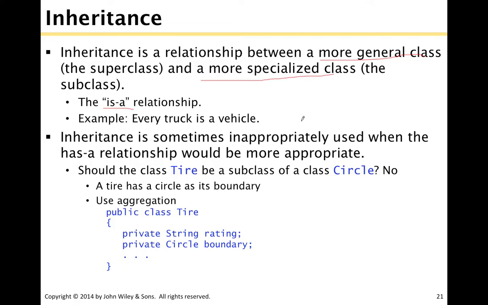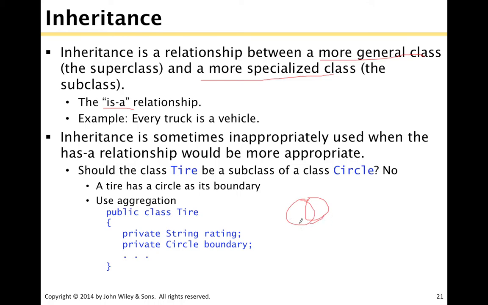Sometimes inheritance is inappropriate, and a "has a" relationship, aggregation, makes more sense. For example, between tire and circle, you may view a tire as having two circles with some width connecting the two circles. Or you may view a tire as a special case of a circle which has some width information.